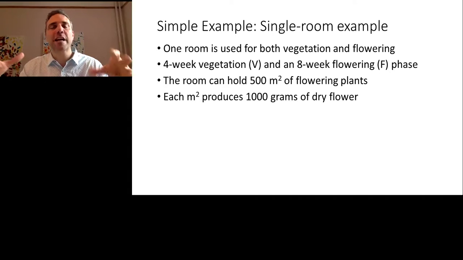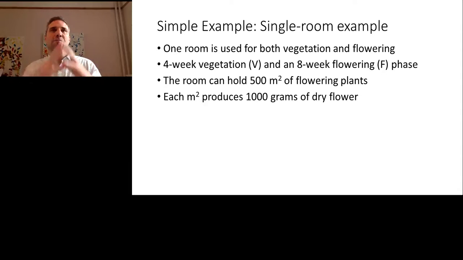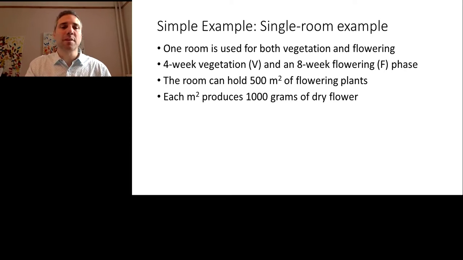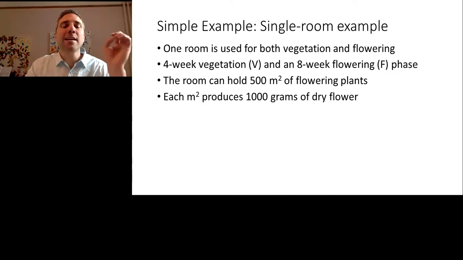I see a lot of architectural plans for growers, and very often those plans show a design where the same room is being used for both vegging plants and flowering plants. So there's one room, and we're going to assume that the vegetation period lasts 4 weeks. I'm going to use this in the table that follows.